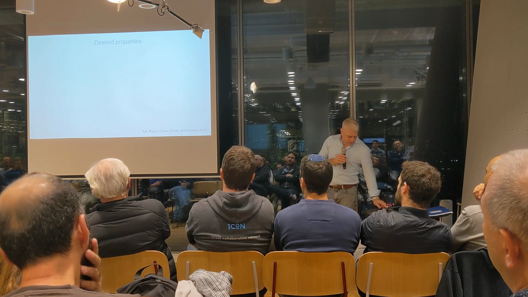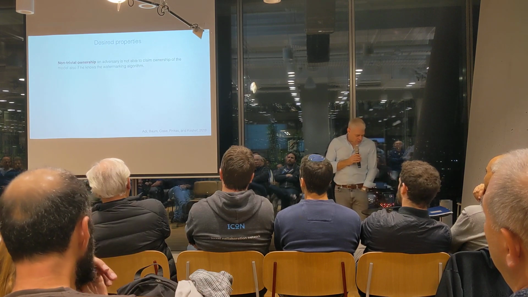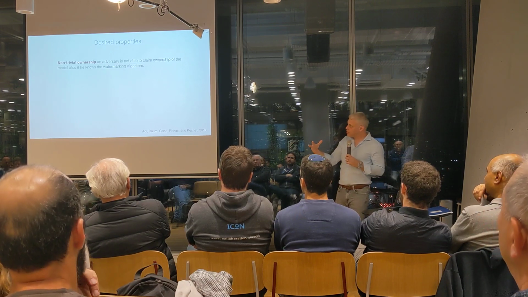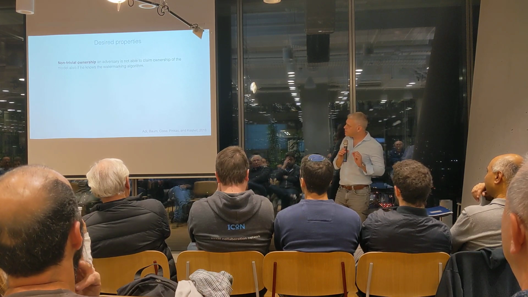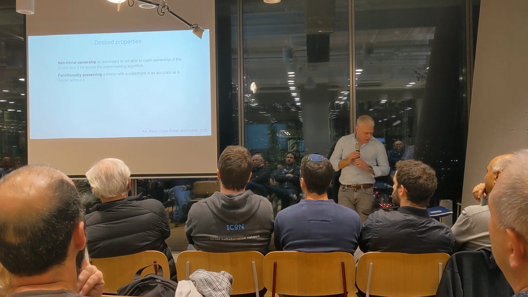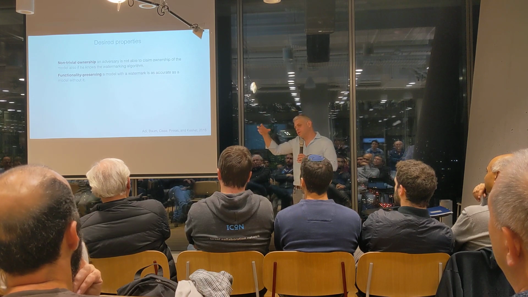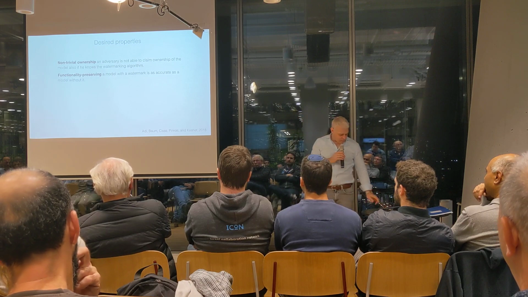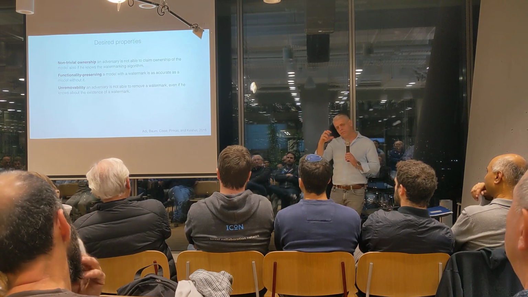We would like to have several properties, four properties. One, we would like to have non-trivial ownership, which means that we can claim this is our model. I will explain each of the points in the next slides. We would like the functionality of the model to still be state-of-the-art. So we don't want adding the watermark to reduce the performance of the model. We would like the watermark not to be removable.